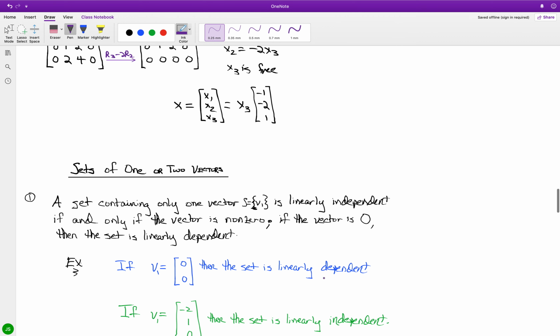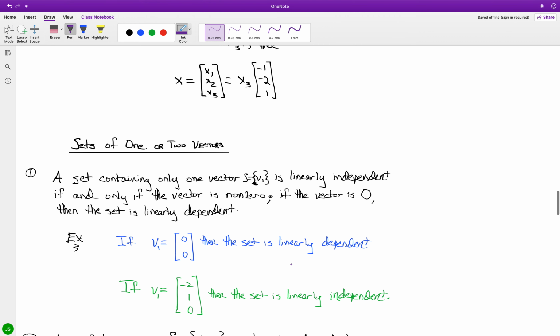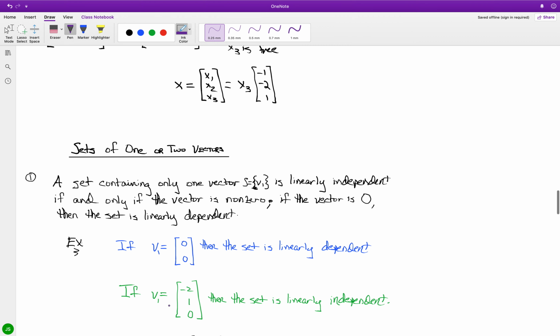Just citing a couple of cases here: if v1 is the 0 vector, the set is linearly dependent. If on the other hand v1 is a non-zero vector, the only vector, and it consists of negative 2, 1, and 0, then the set S is linearly independent.